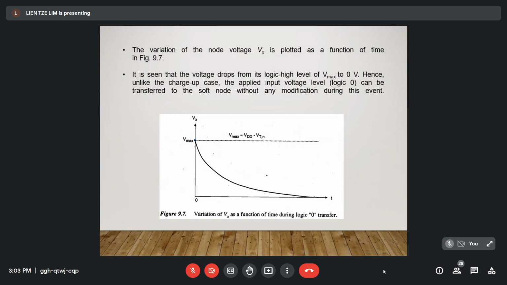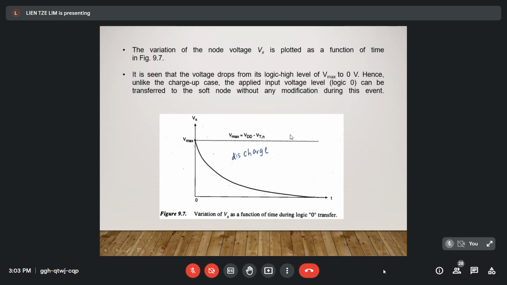In this event, this also shows that the current flows in the opposite way, and there is a discharge event. The charge is discharged from the capacitance, since the voltage drops from its logic high level of Vmax to 0 volt.